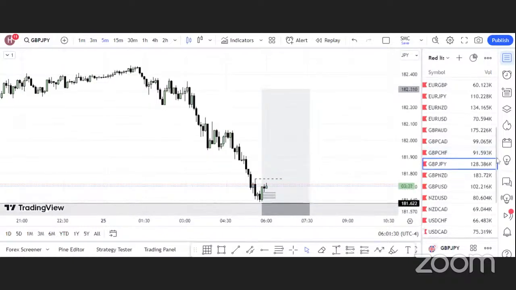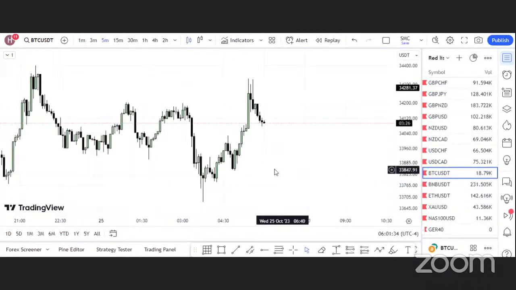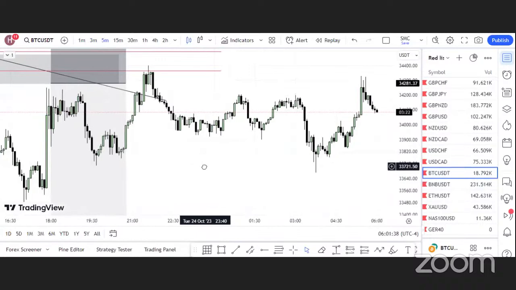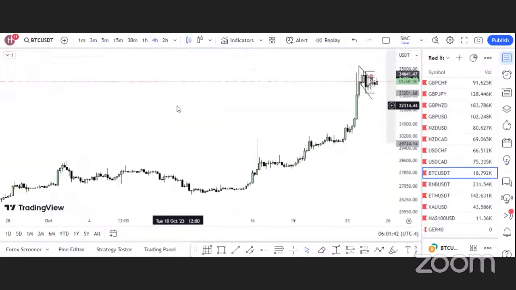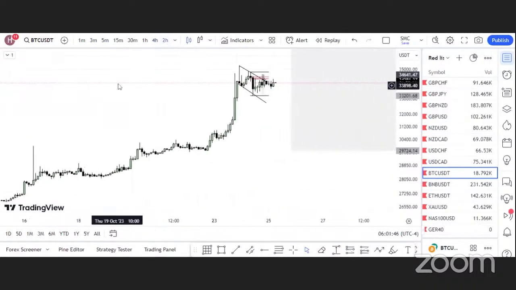So let's go to the BTC USDT. Let's quickly make that before we end our session. All right. Yes, I think this analysis was made and the market is still respecting the area.